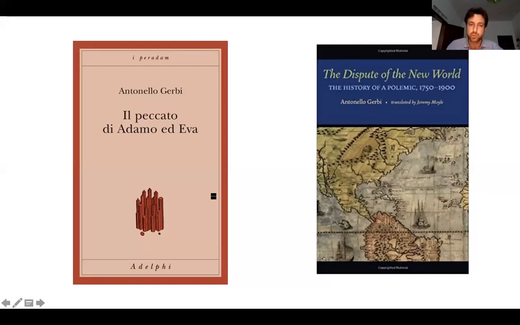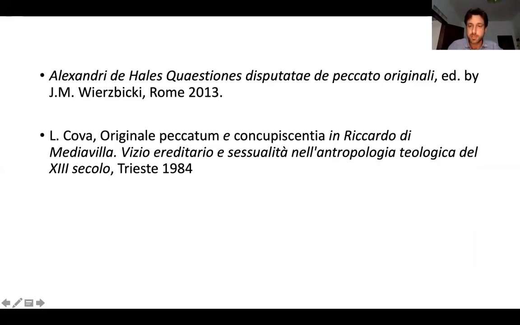I would like to suggest a possible way to address this problem, in a very concrete fashion, inviting you to search a little bit more in the literature regarding the Questiones de Peccato Originali, which is to say the disputations around the problem of original sin that were debated in medieval universities.